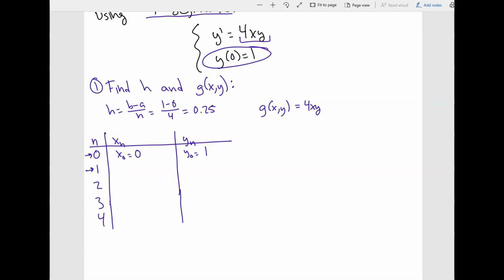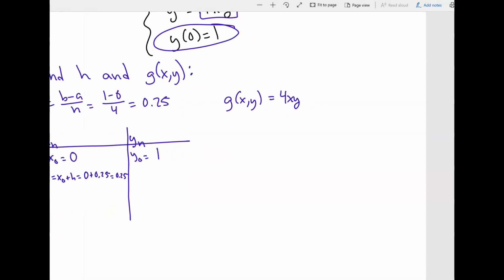So that's going to give us x1. x1 is just going to be x0 plus h. So x0 in this case is 0, we're starting at 0. I'm going to add 0.25, and what I'm going to get is 0.25.